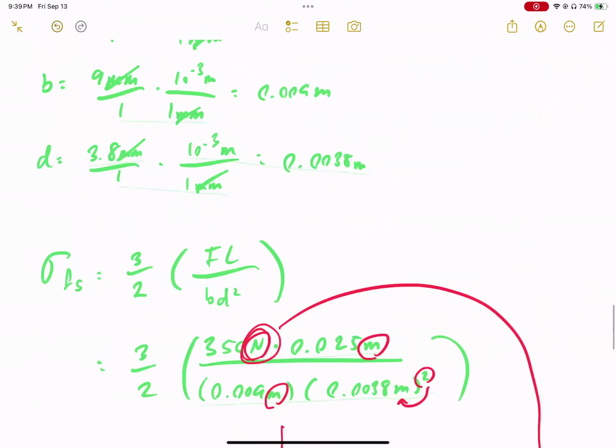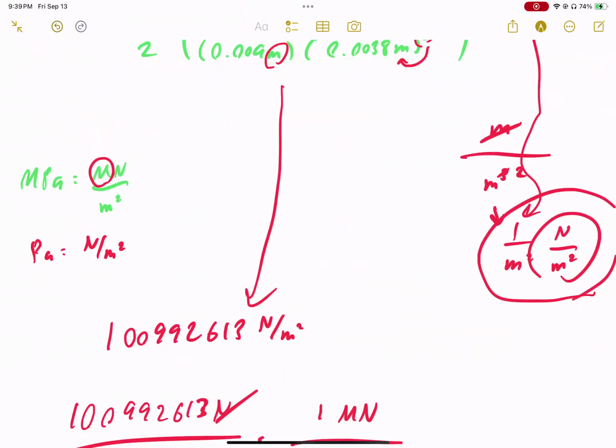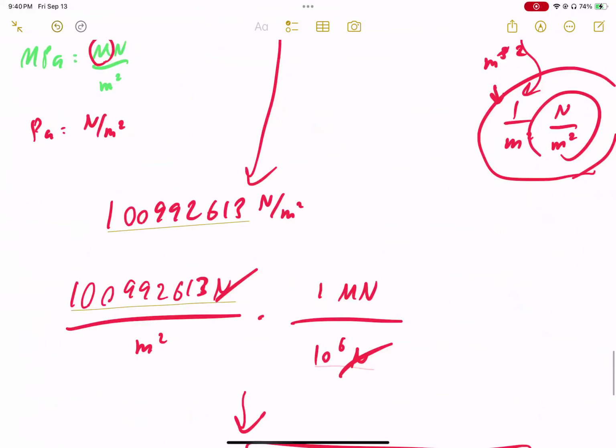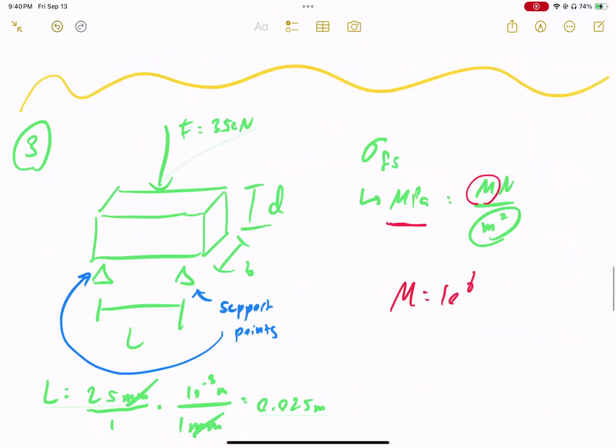And that's why I said over here, even though I got newtons over meter squared, it's not that big of a problem because I did say I wanted this in megapascals, and mega is just a prefix that represents 10 to the 6. So it's not that big of a problem if I get newtons over meter squared because I can easily use a conversion factor in order to get megapascals.